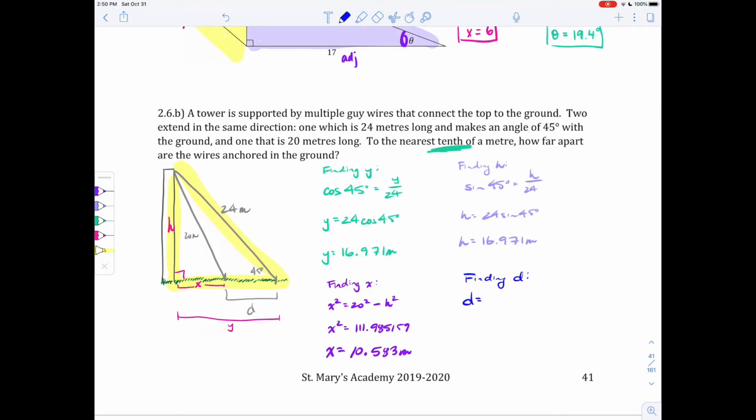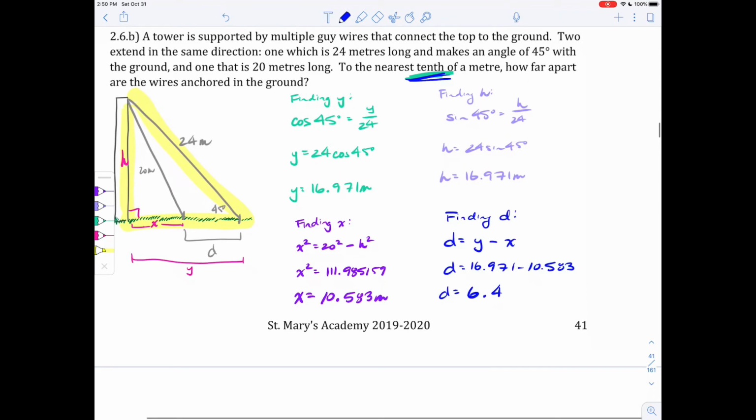So finding d is y minus x, which in this case is about 16.971 minus 10.583, giving us a value rounded to the nearest tenth of 6.4. Now this is a contextual opportunity, so we should present our results in context.